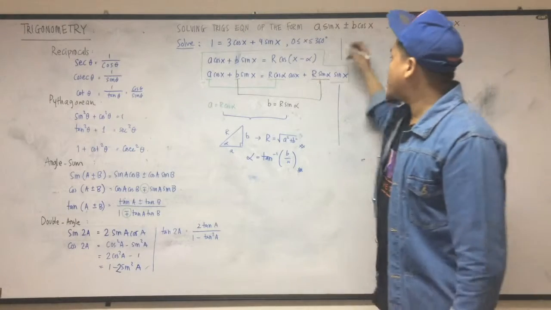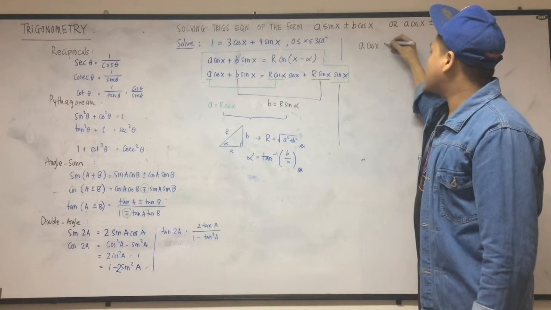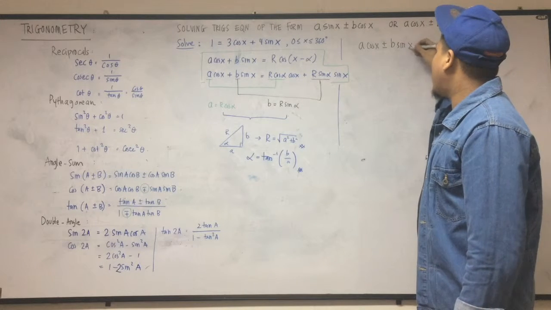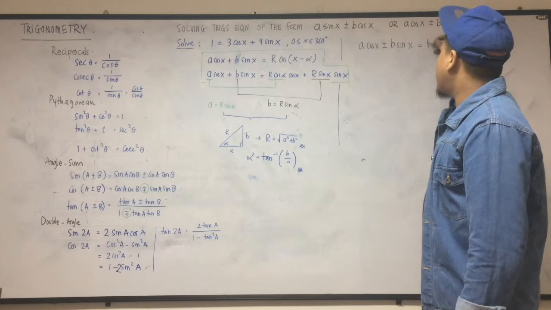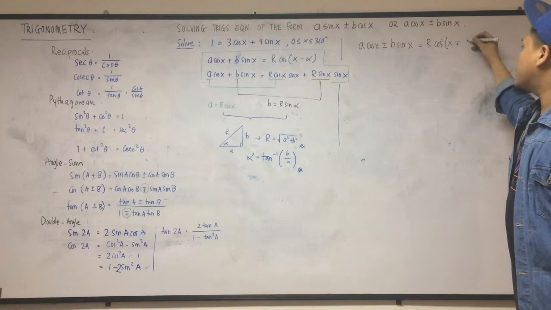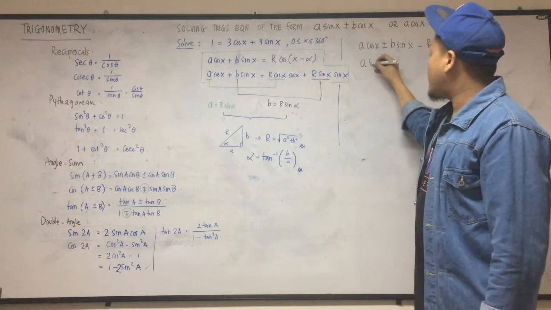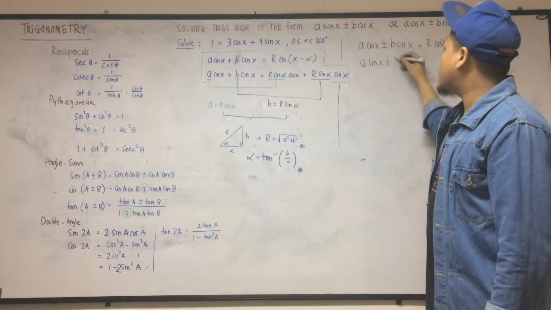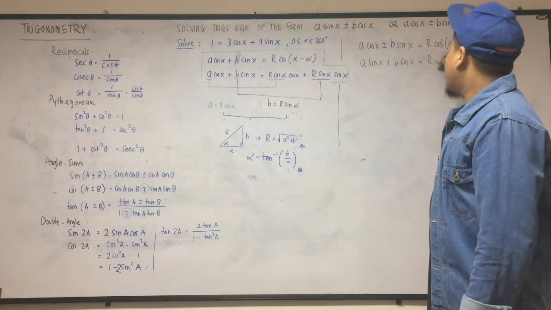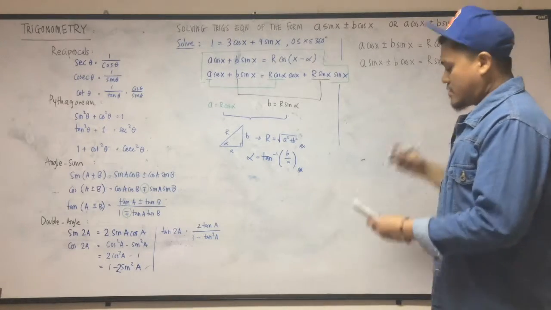Yeah? I'm going to sum this up real quick. For a cos x plus or minus b sine x, this is equal to r cos(x minus or plus alpha). But if it's a sine, a sine x plus or minus b cos x, you get r sine(x plus or minus alpha).